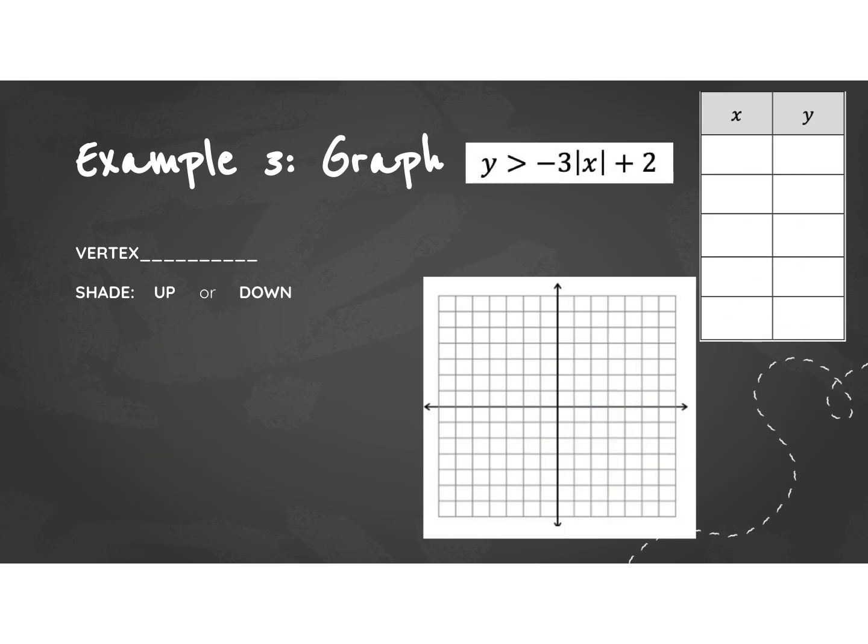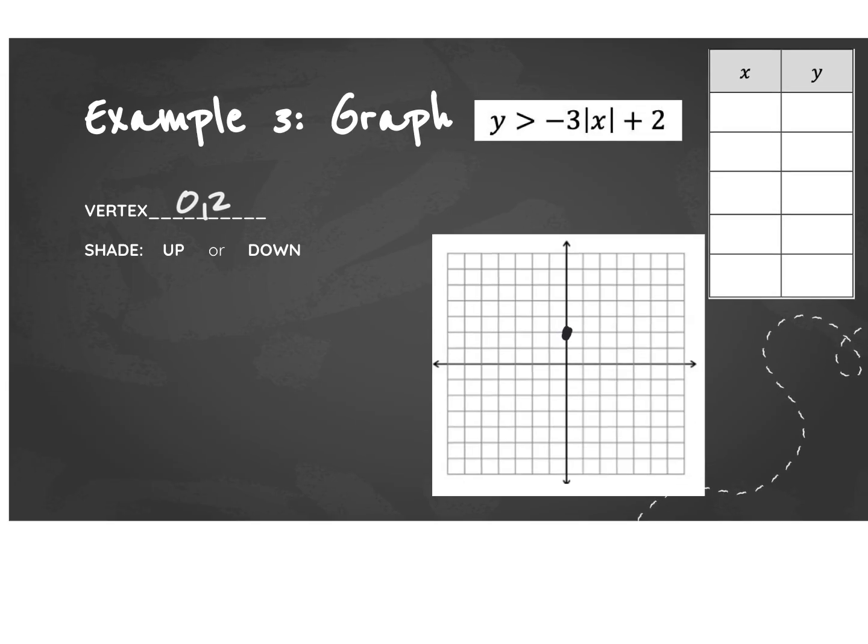Okay, last problem. Vertex is going to be 0, 2. All right. Number in front is negative, so I'm going to shade down again. 0, 2, negative 1, negative 2, 1, 2.